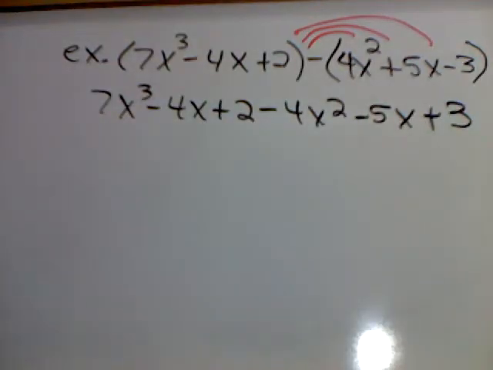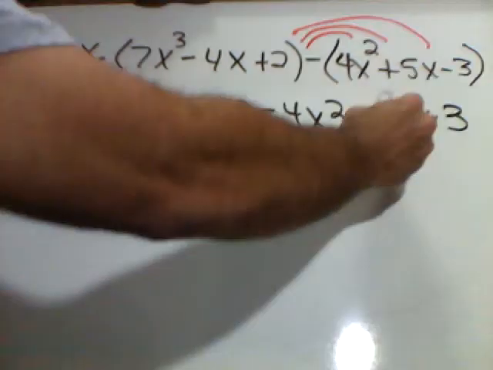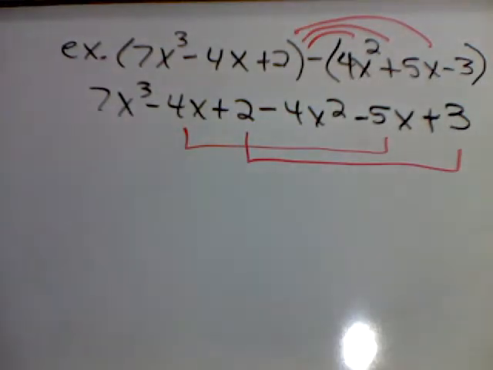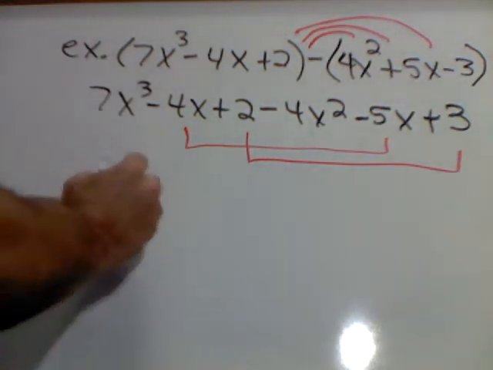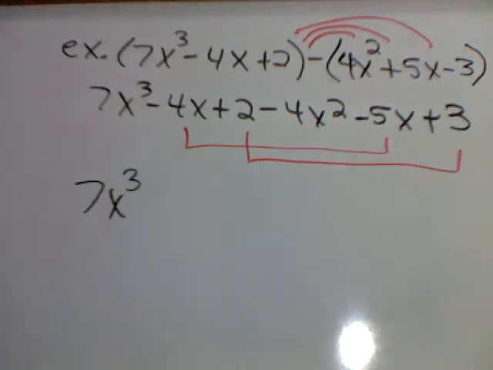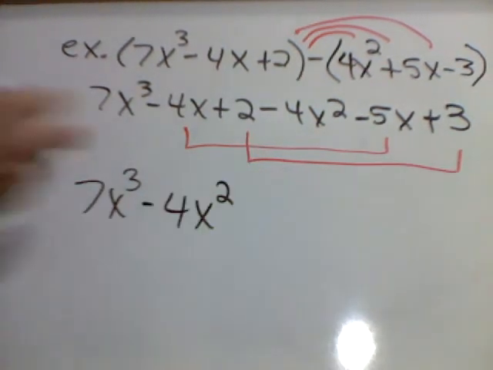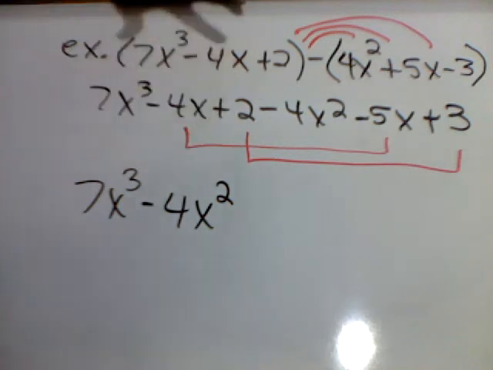Now notice, x's are like terms, numbers are like terms, and other than that, that's it. So, going from highest exponent to the lowest, I got a 7x cubed. Next highest exponent are the x squareds. I got a negative 4x squared. Those two didn't change because they didn't have anyone else to add to up here.